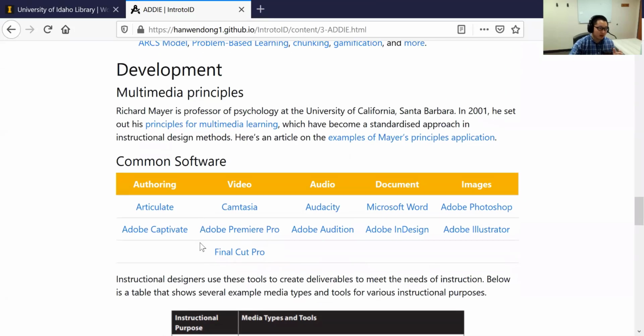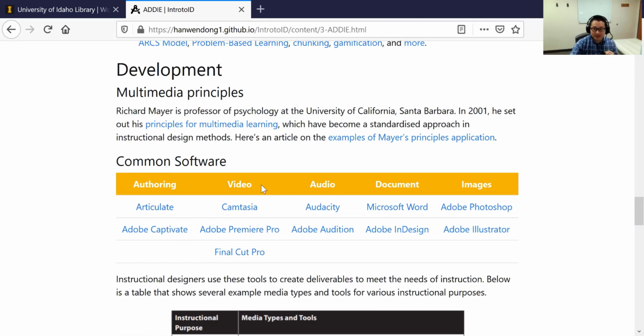Then we have Captivate, which is an Adobe product. A lot of folks who have used Articulate and Captivate much prefer Articulate because Captivate can be a little bit buggy. And every time you want to export it for mobile use or for some other tablet use, you have to export a different file, which is very time consuming.